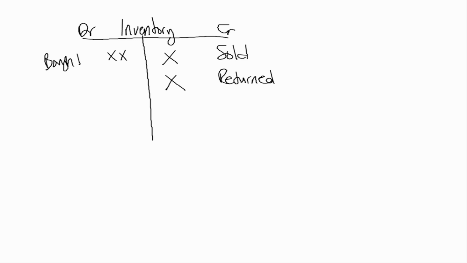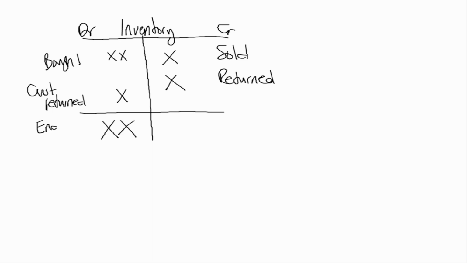And when a customer returned it and it was still usable, we put it back in, and we ended up with an ending inventory value that's right here. So this was our ending inventory. That's what we did last week.